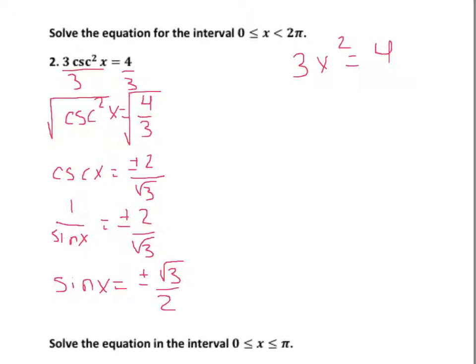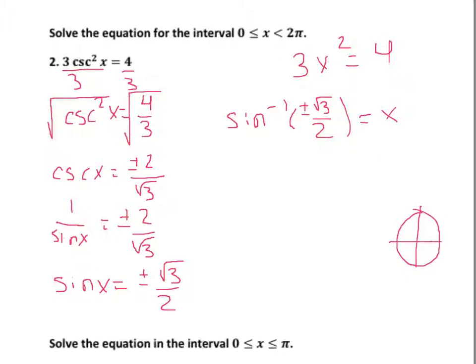So then what we have to do is the inverse sine, because we're looking for that angle of positive or negative square root 3 over 2 equals x. So you have to think on the unit circle. Where are all the areas where sine is square root 3 over 2, positive or negative? So there's 4 answers. Okay?